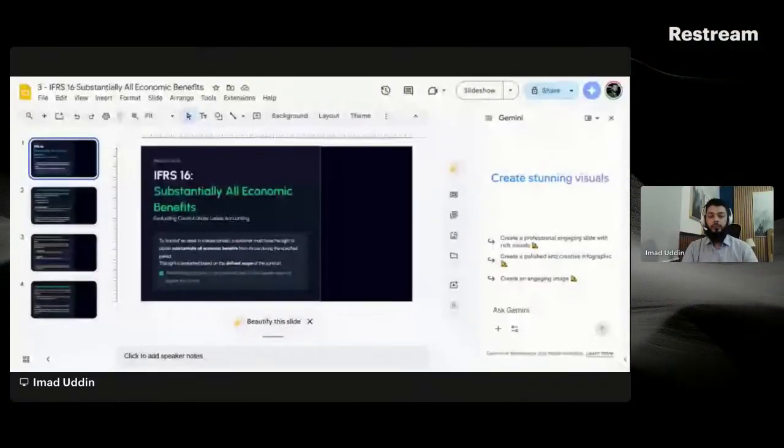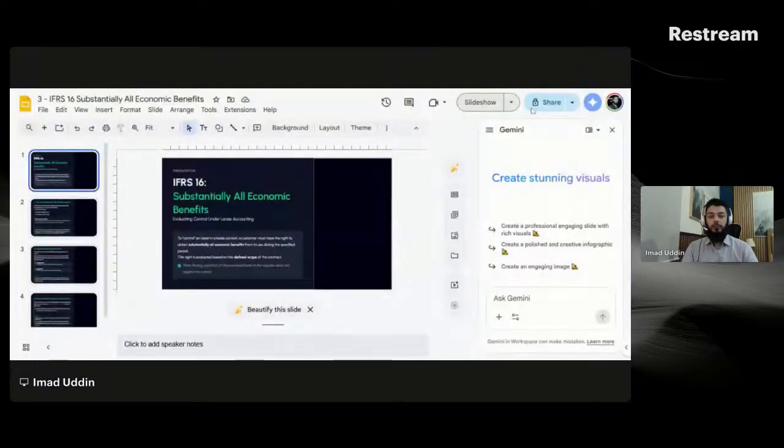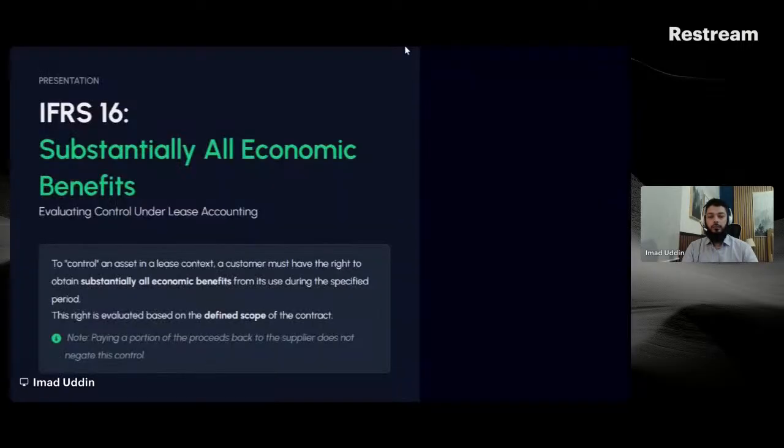So let me try to see if I'm sharing the right screen now. All right. Perfect. So I hope you can see my screen. Give me a second. Let me also make sure that the event is live on LinkedIn as well.